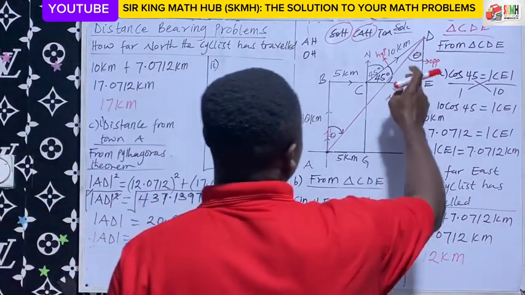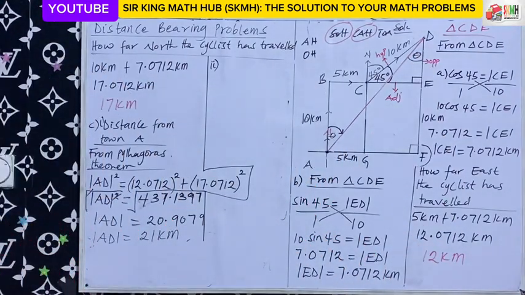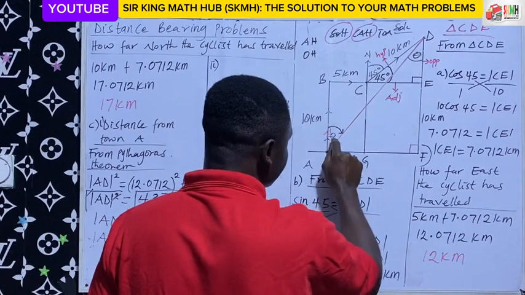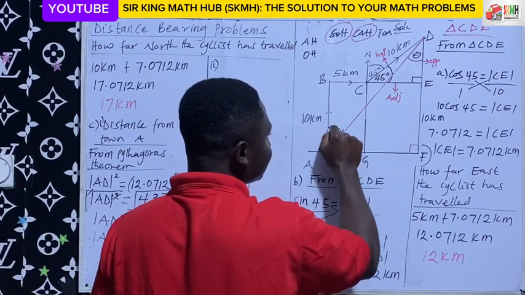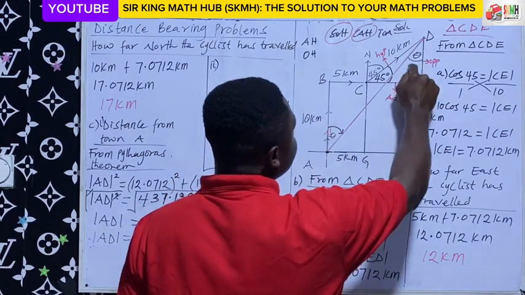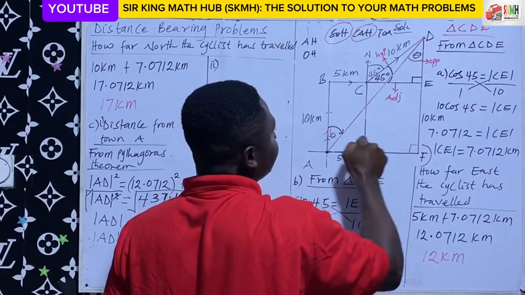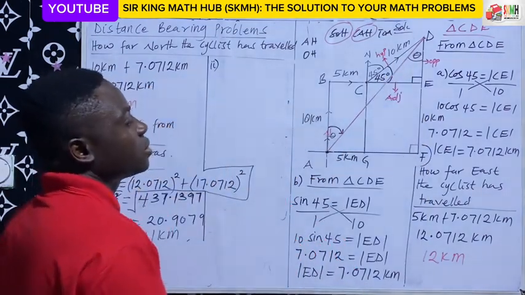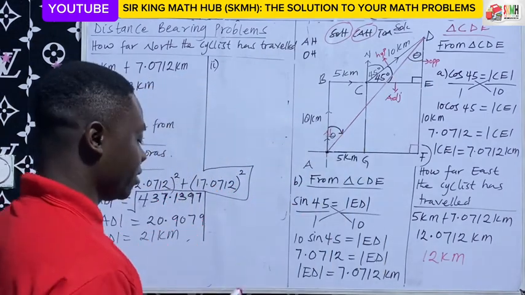So let's calculate the value of theta, and that becomes the bearing. This angle alternates with this angle, which is inside the bigger right angle triangle. So let's calculate theta using the bigger right angle triangle.